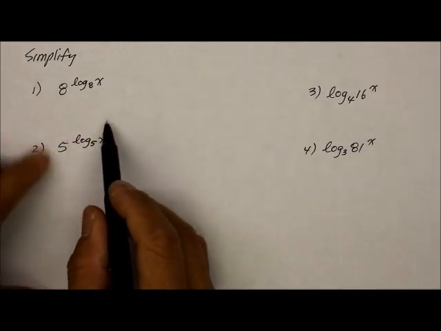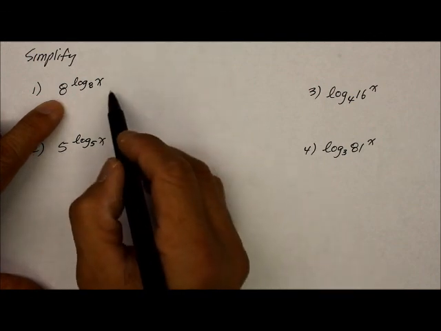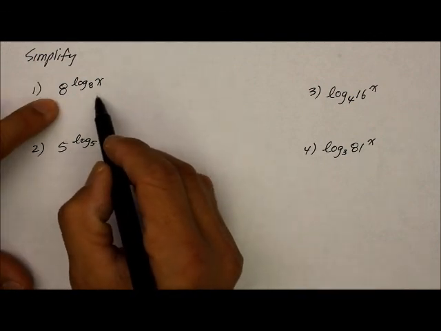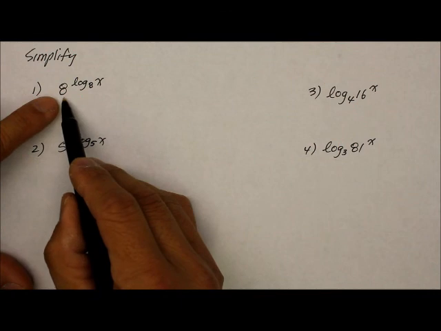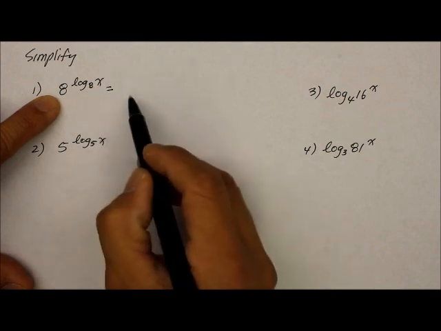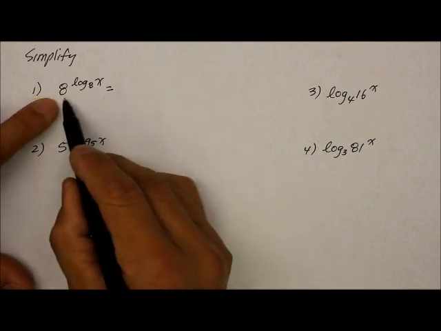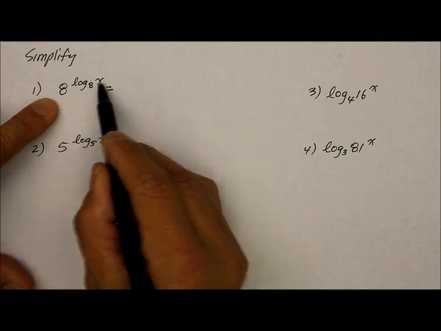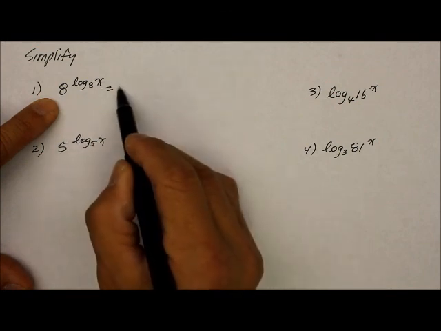With that argument, here's how we use it. Simplify. Please note that the base 8 here is the same as the log base 8 here. So, how do you simplify 8 raised to the log base 8 of x? It's just x.